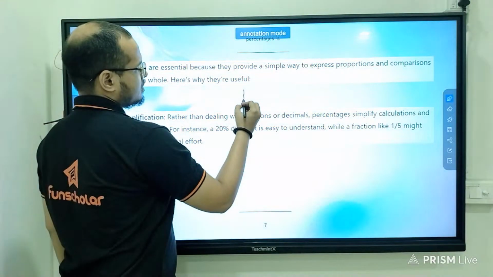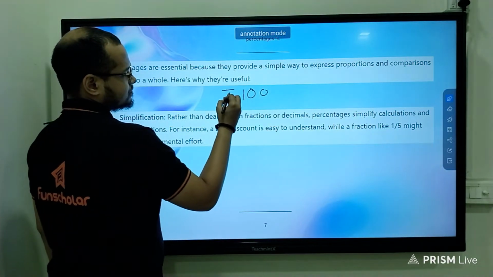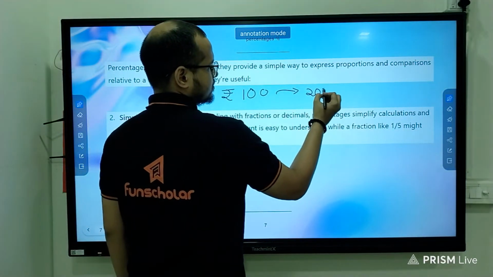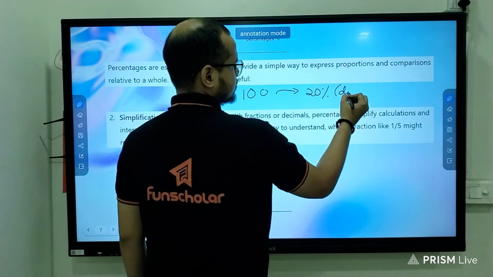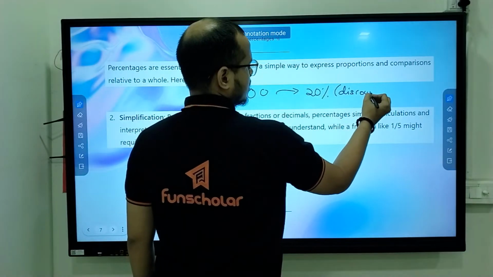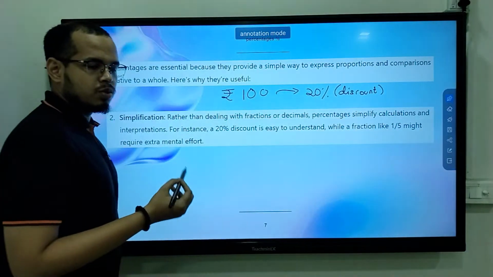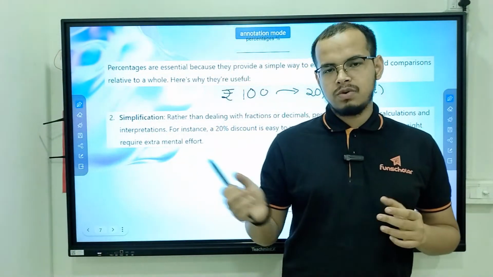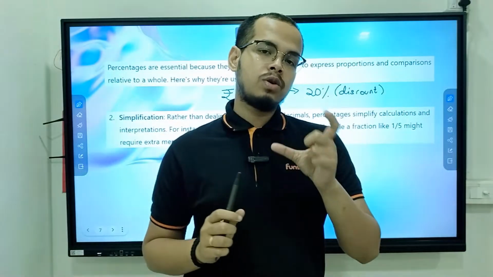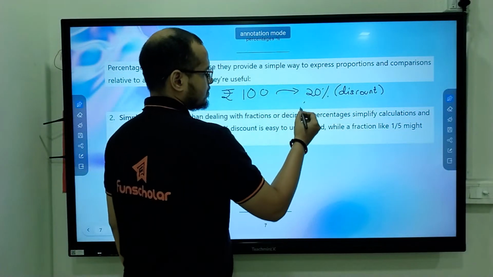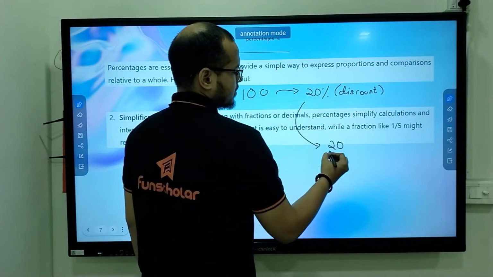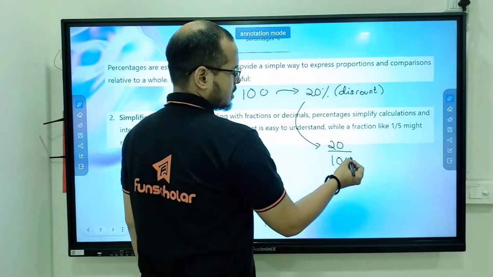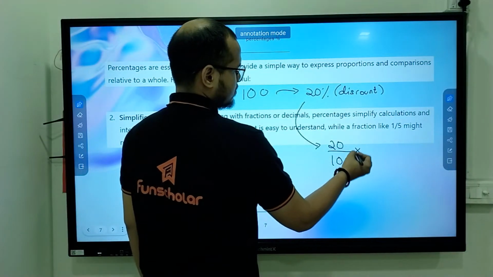Suppose I buy a thing for 100 rupees, and I get a 20% discount. Discount is when you go to the shop and buy something for 100 rupees and you get 20% discount. First we'll calculate the amount of discount. How is that calculated? 20 by 100, into what?